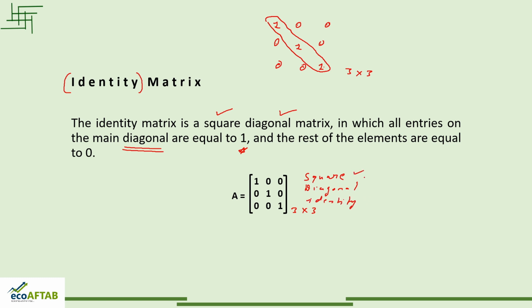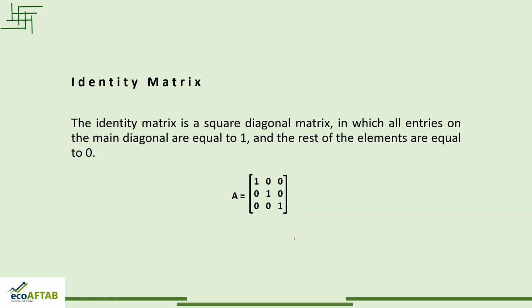So we understood 3 types of matrix in this single example. If this value is not 1, but anything other than 1, then in the diagonal, if all the values a_ij, where i is equal to j, are equal to 1, then it is called an identity matrix.